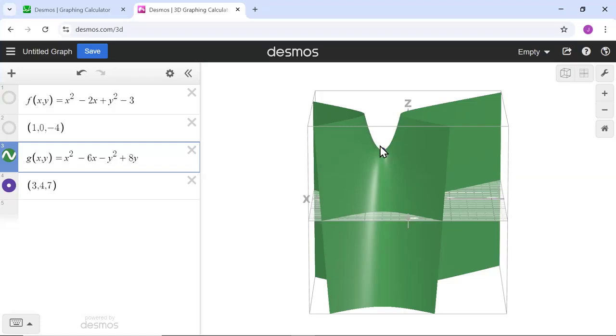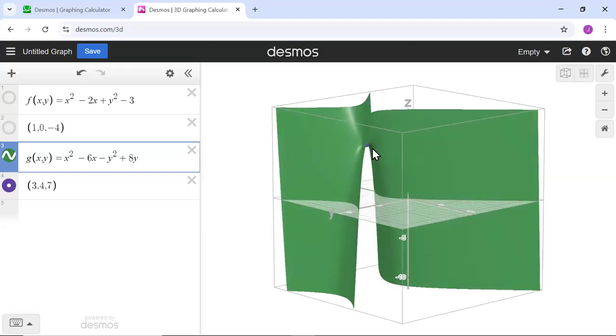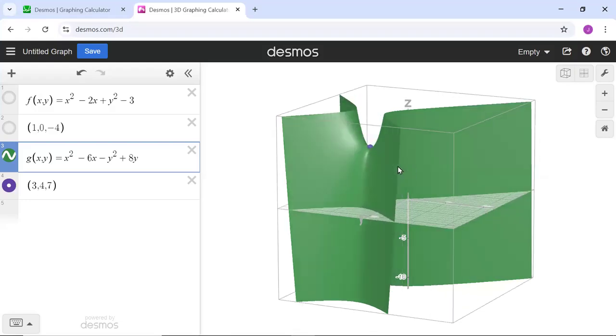So imagine sitting here with a leg dangling over each side. In front of you and behind you, we'd get an up curve, but to the side, we'd get a down curve. This is known as a saddle point, and a saddle point is a critical point, which is not a relative minimum and also not a relative maximum. So a saddle point is neither relative max nor relative min.